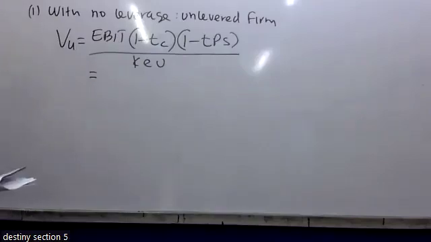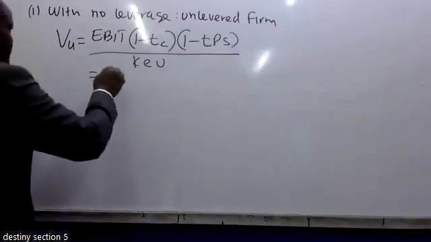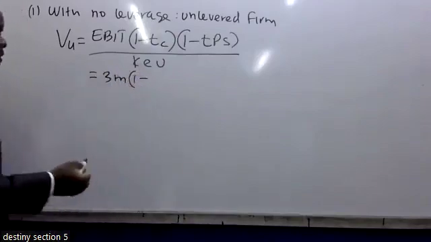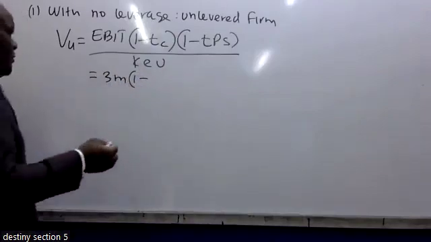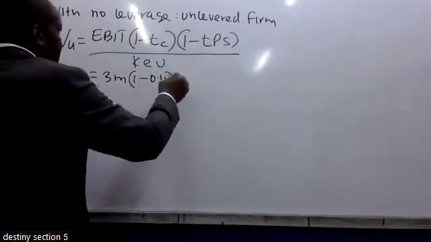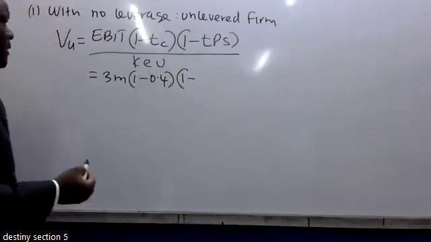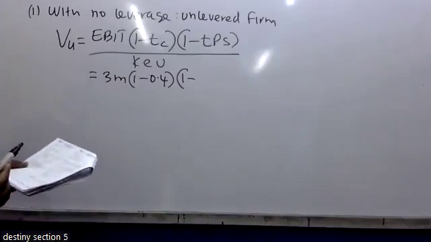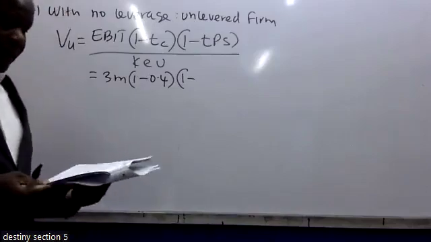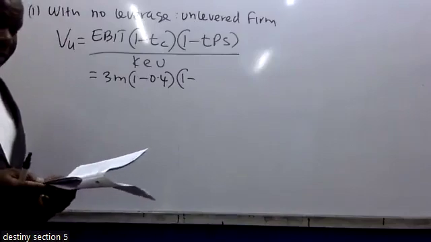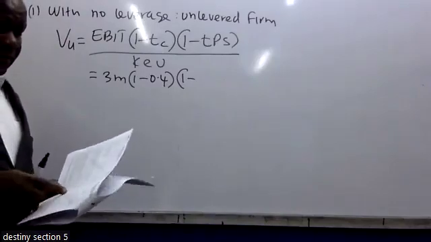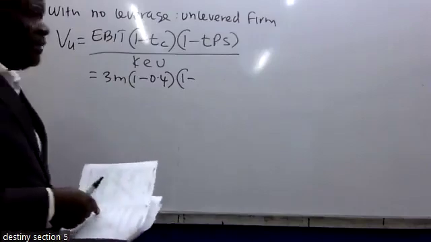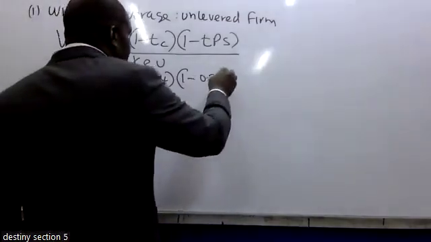So earnings before interest and tax is given as 3. So 1 minus the corporate tax, the corporate tax was 40%, 0.4. Then 1 minus the personal tax rate on the common stock income. What are you given in part C as the marginal personal tax rate on the common stock income? 25%, which is the same as 0.25.